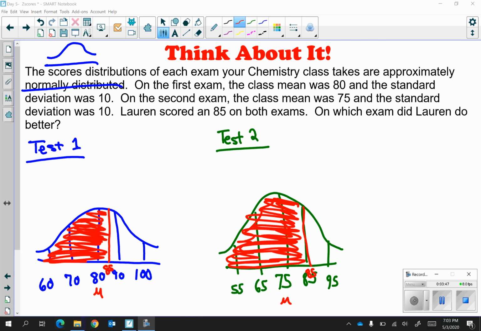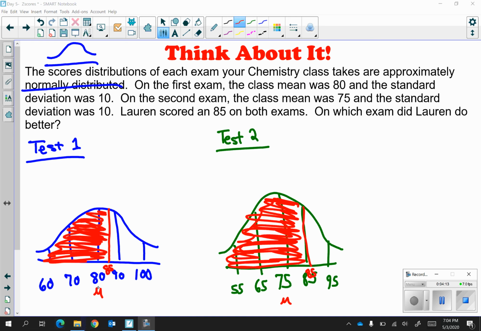Now, if you compare both diagrams, you'll notice that the shaded region is larger in test 2. That means that she did better on test 2 when you compare them, compared to the rest of the class. If you think about it here, look, yeah, the average was a 75, and she was 1 whole standard deviation above it.